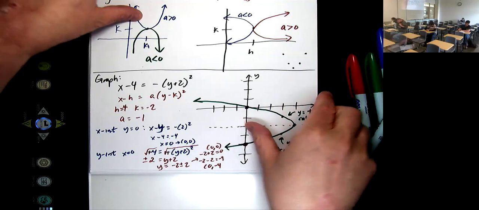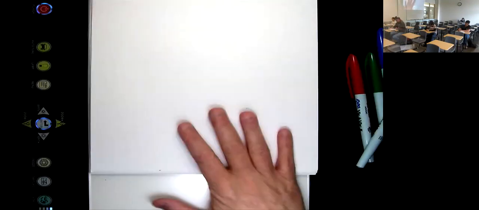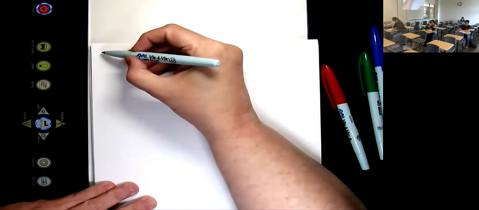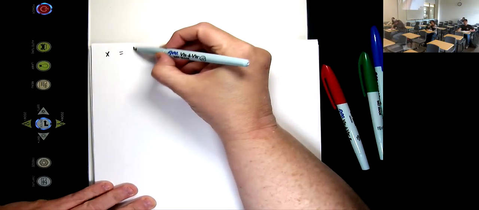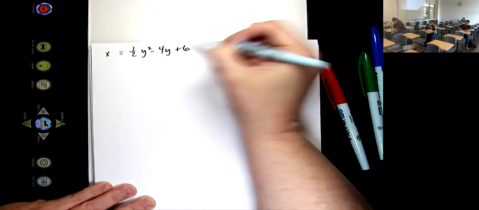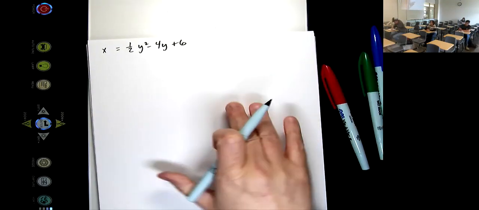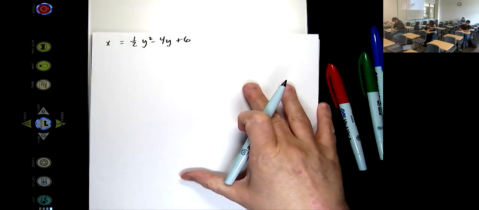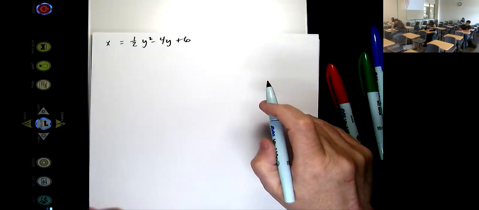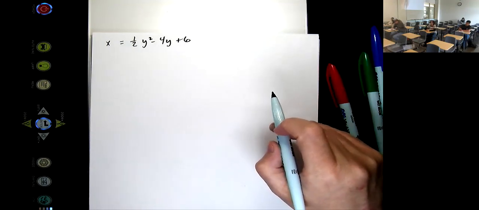Okay. So let's kick it up a notch. We're going to start with x equals 1/2 y squared minus 4y plus 6. We want to write it in the format of the other ones.